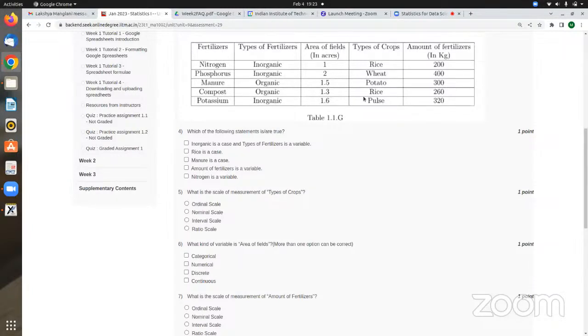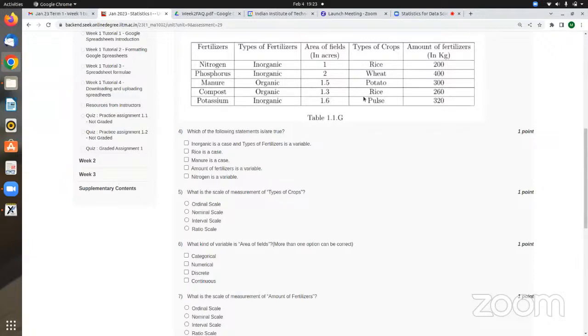So I can do all the arithmetical or mathematical operations over this data, because I can say the area of field, like for phosphorus and nitrogen, it is equals to 3. I can add, and that is meaningful. Or I can subtract, or I can do division. So hence it is numerical.